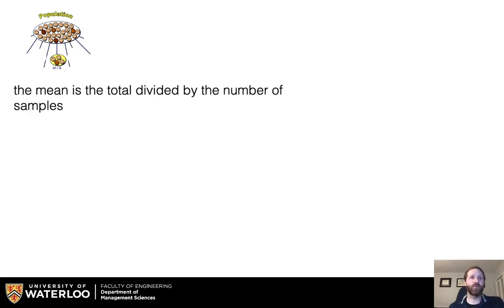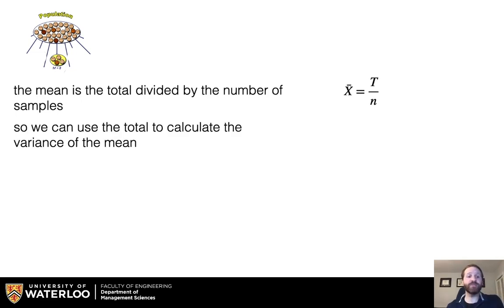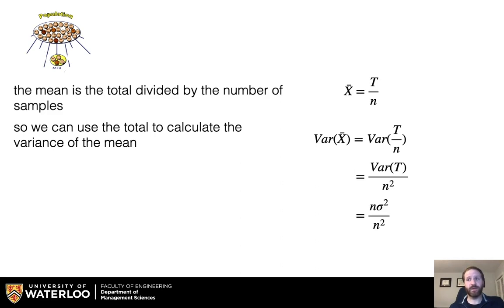The mean is the total divided by the number of samples. So x bar is T over n. So we can use the total to calculate the variance of the mean. We take the variance of x bar, which is the variance of T over n, which corresponds to the variance of T over n squared. We then plug in the variance of T, n sigma squared over n squared, so it's sigma squared over n.